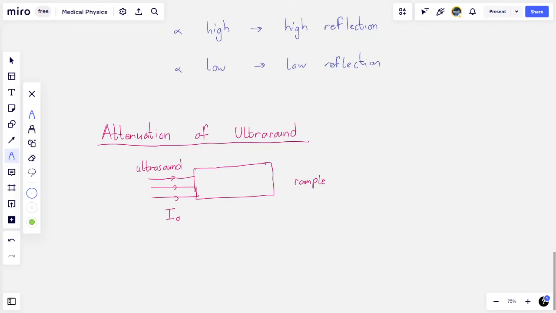They come in with an incident intensity I0, and they pass through a certain amount of sample. Let's say they move through a distance x, usually measured in centimeters or millimeters, depending on what structures you're looking at. After moving through a distance x through the medium, the new intensity, if I could cut the sample and measure the intensity at that point, I would get I.